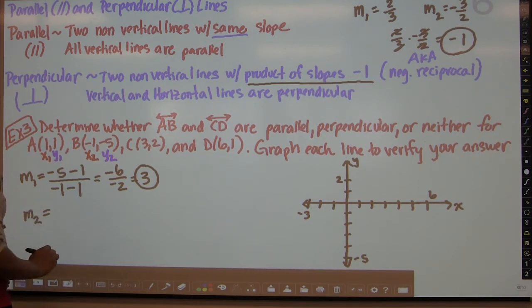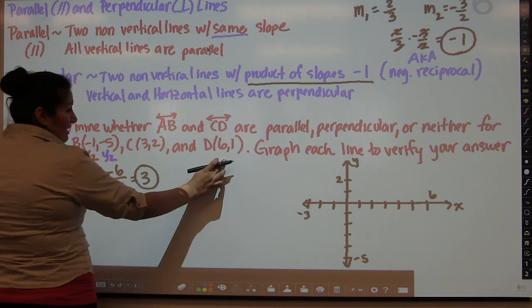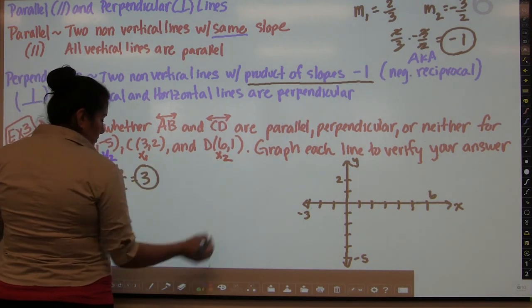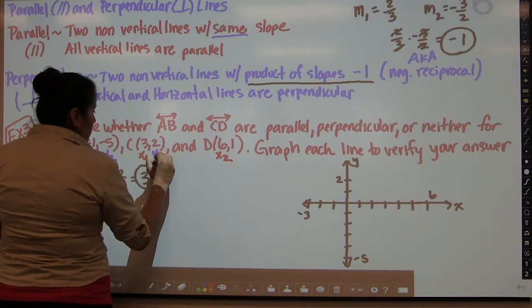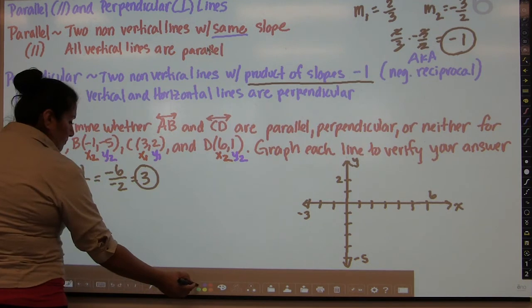My second slope is going to be the same thing. I'm doing C and D. I need to find the slope of C and D. Call these X1 and X2, and Y1 and Y2, and do it all over again.